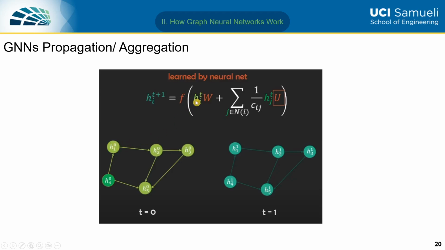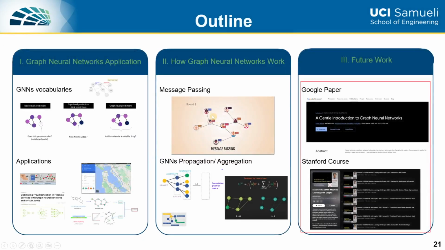So the information of the node itself is important, plus a linear combination of all the neighboring nodes, h_j of t, with a learnable weight that trains the neural network. h_j of t is all the neighboring nodes around the node you're interested in. Okay? So those are the three perspectives you can get on how a GNN, graph neural network, works.